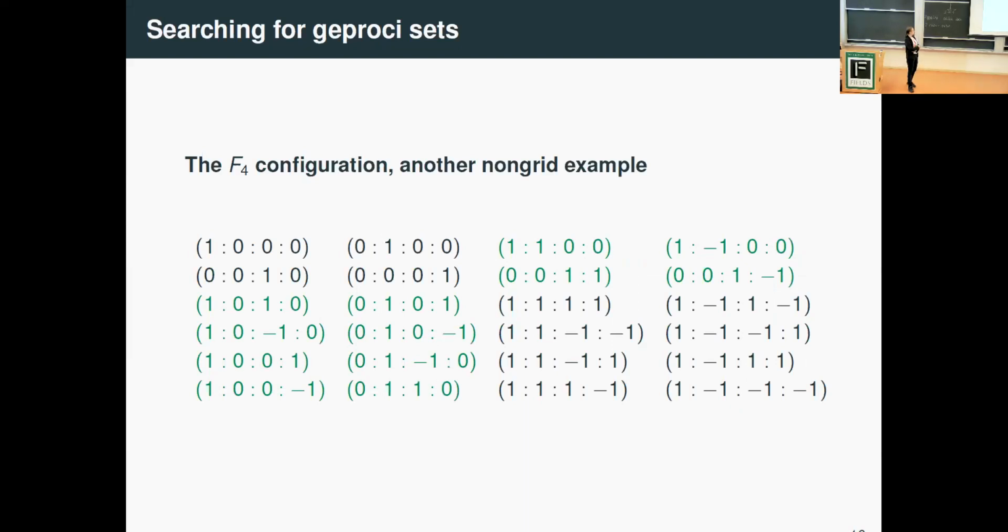We have also another example. It's an F4 configuration, which I cannot draw, but I can give you the coordinates of the points. This configuration consists of 24 points, so 2 times D4, the number of points in D4, and this is not a coincidence, because the points which are green here are exactly the points of the D4 configuration.